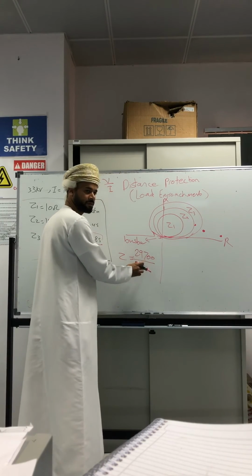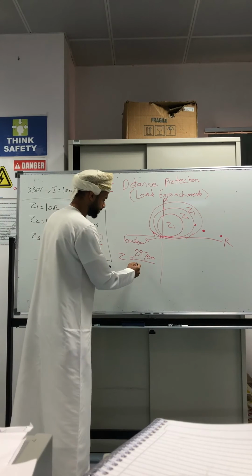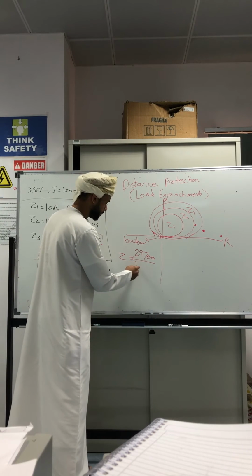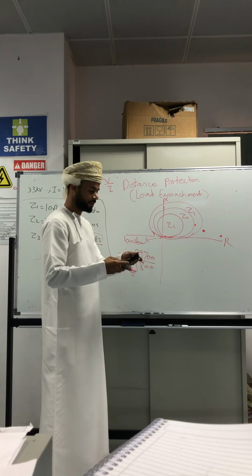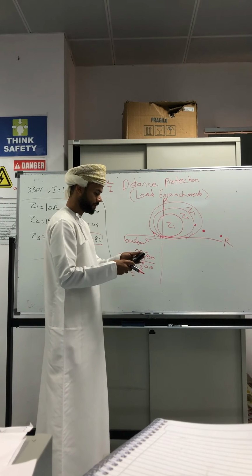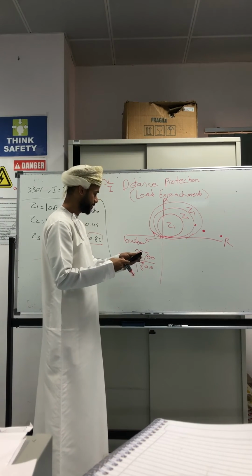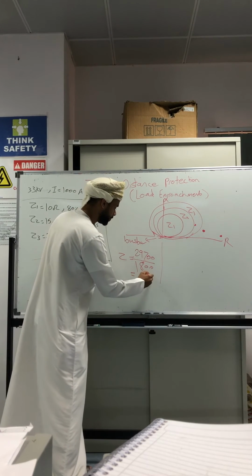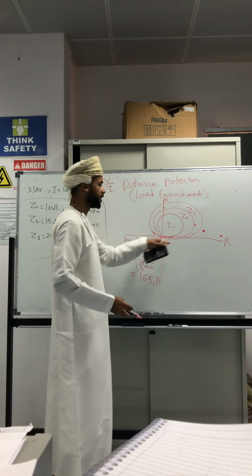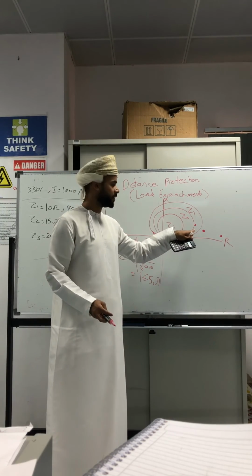Now assume the current increases to, let's say, 1,800 amps. Let's calculate the impedance. It will also equal 16.5 ohm, and again the distance relay will see it in zone 3.